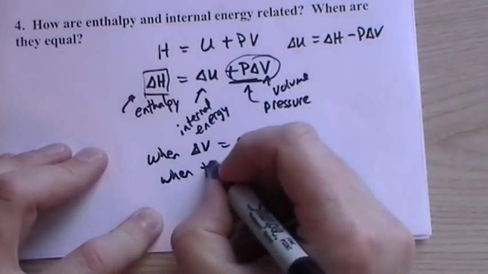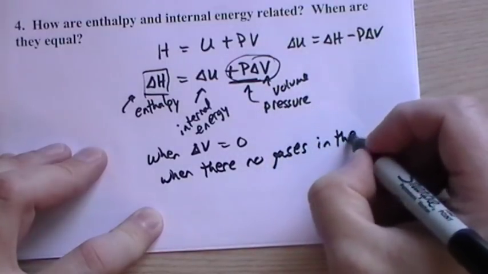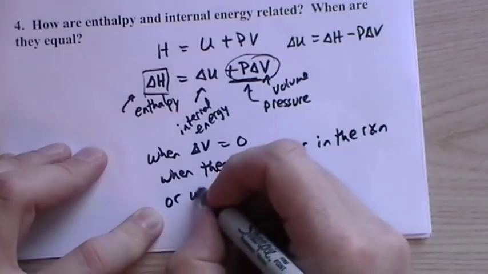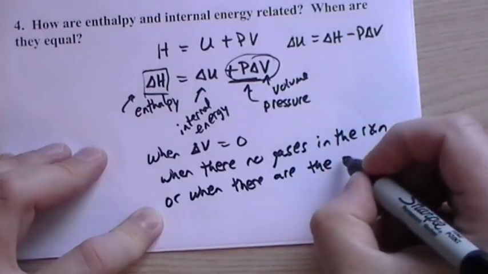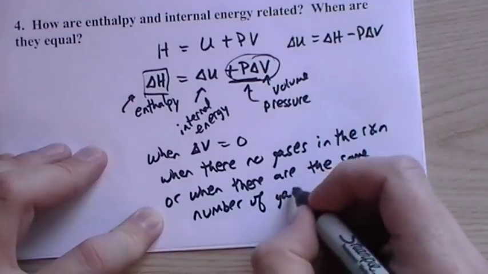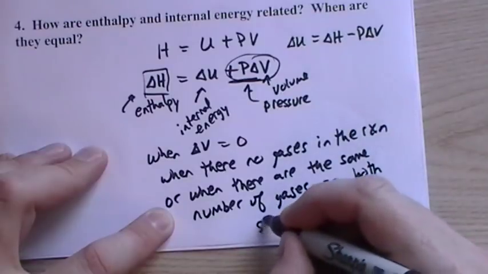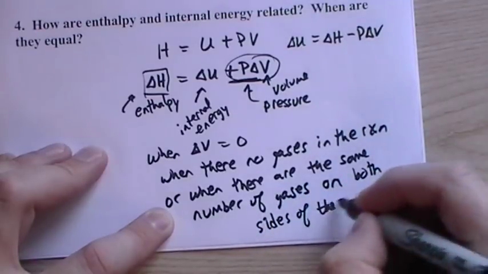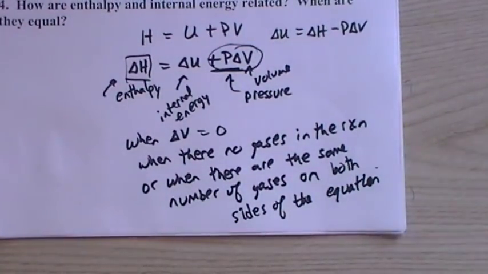When there are no gases in the reaction, or when there are the same number of gases on both sides of the equation or the reaction.